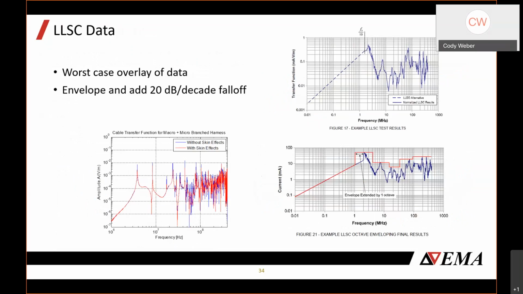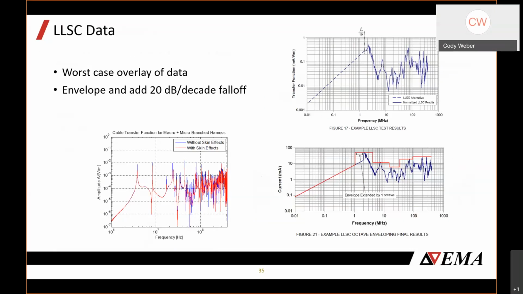So when you get your LLSC data, one of the benefits from the simulation is that you can do multiple cases, and you can take all your incident angles, you can take all your measurements for your particular box, and you can do your worst case overlay. There are some good examples in the ARP that describe this, but basically when you have multiple plots together and you plot them on top of each other, you see what the worst case results are for that particular area that you're looking at.